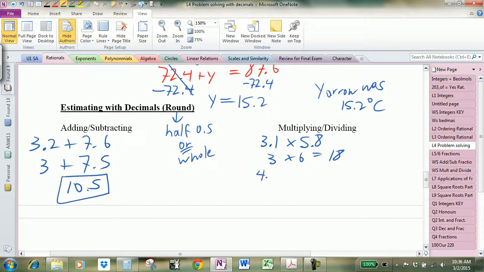Or if it's 4.4 times 10.2, I'd round that to 4.5 times 10, because 4 times 10 equals 40, and half times 10 equals 5. Quit talking, Delano. So my total then is 45. Add them up. So I break it up, do it separately, put it together again.